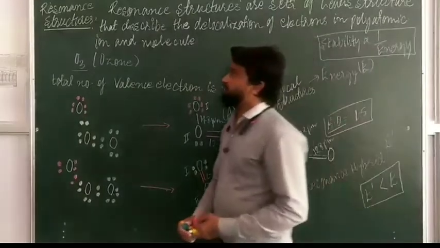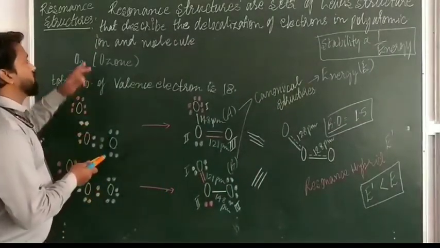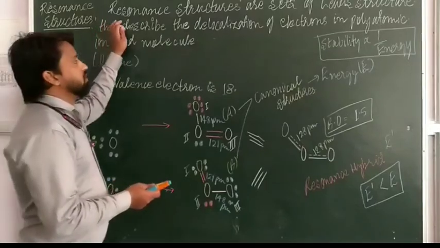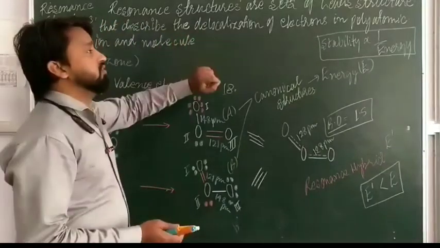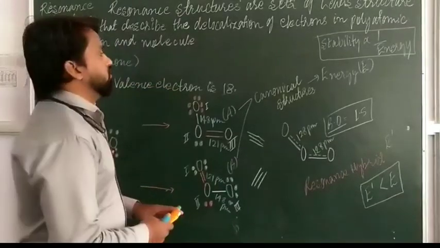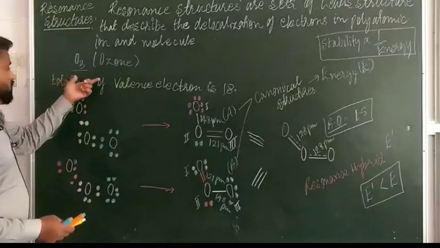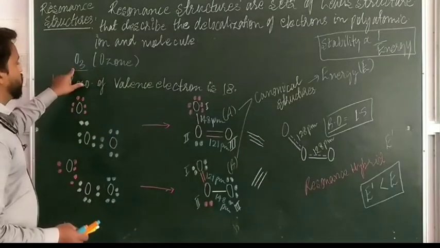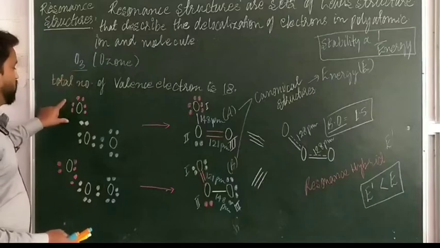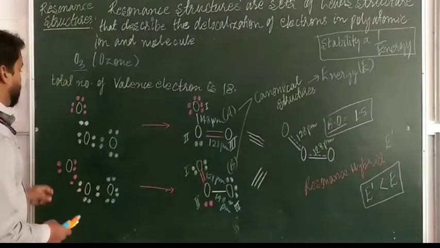In this definition, we may clearly see that resonance structures are sets of Lewis structures that describe the delocalization of electrons in polyatomic molecules. We have an example using different Lewis dot structure sets for the ozone molecule.